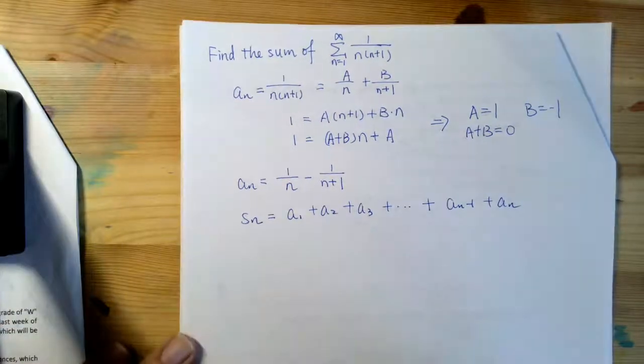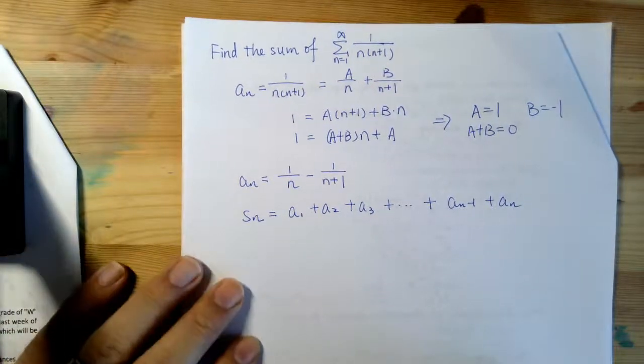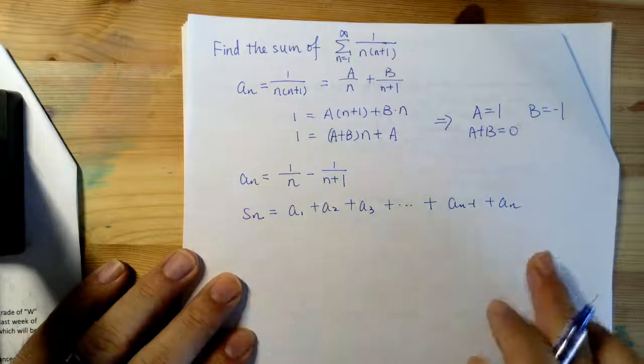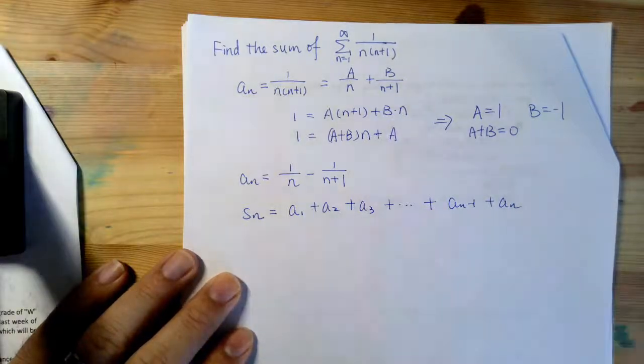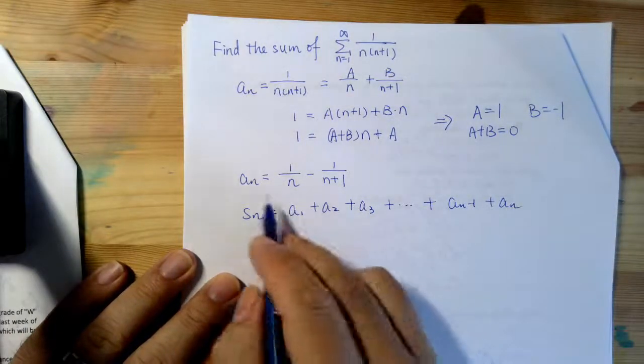And the reason this problem is called the telescoping type is because of our an.